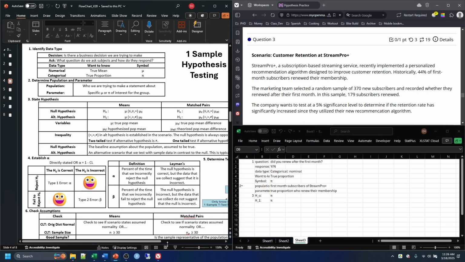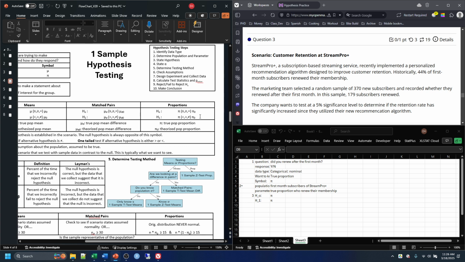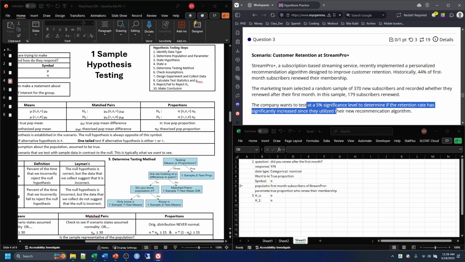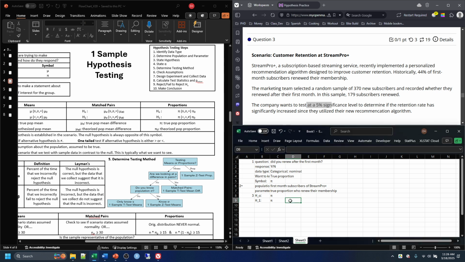We know that for proportions, we're dealing with pi, and we want to know at the 5% level of significance if the retention rate has significantly increased. So we want to know if this true proportion has increased from our historical rate, which is 44%, 0.44. And so we'll do 0.44.